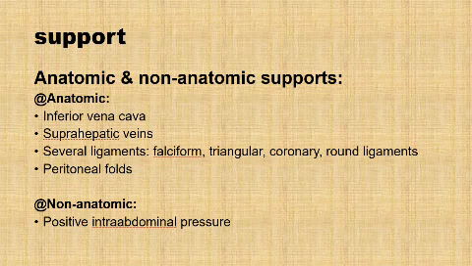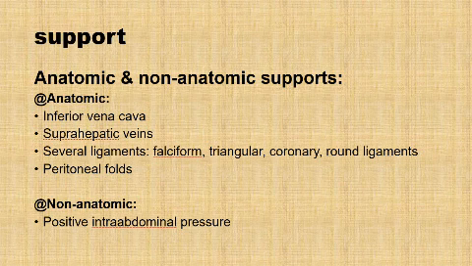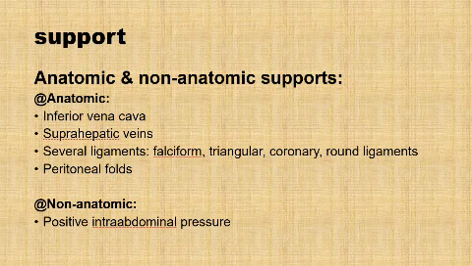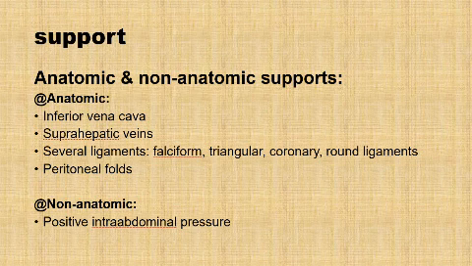So we can also take a look at the supports of the liver. The liver is supported by anatomical and non-anatomical supports. The anatomical supports are the inferior vena cava, suprahepatic veins, and several ligaments like the falciform ligament which connects the liver to the anterior abdominal wall, triangular ligament, coronary ligament, and round ligament.